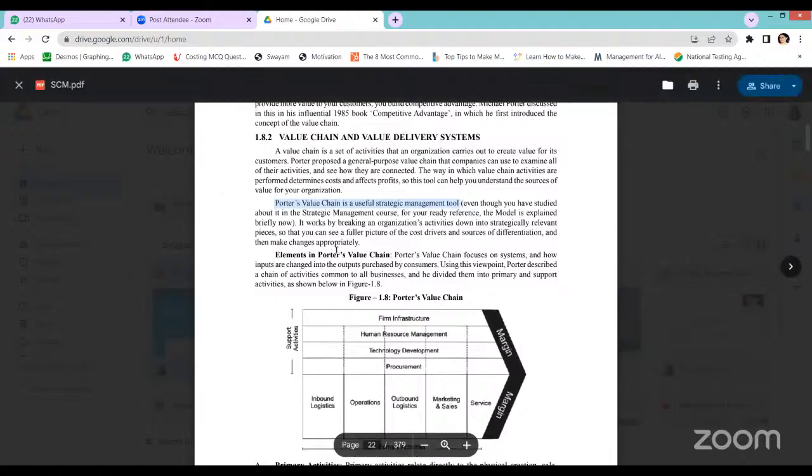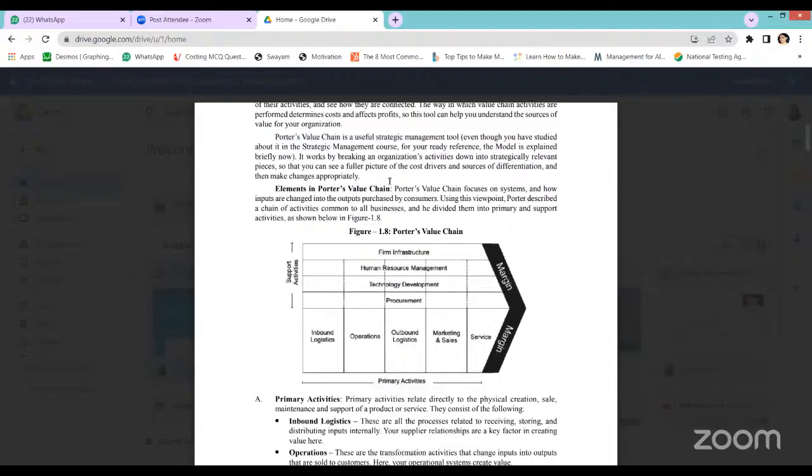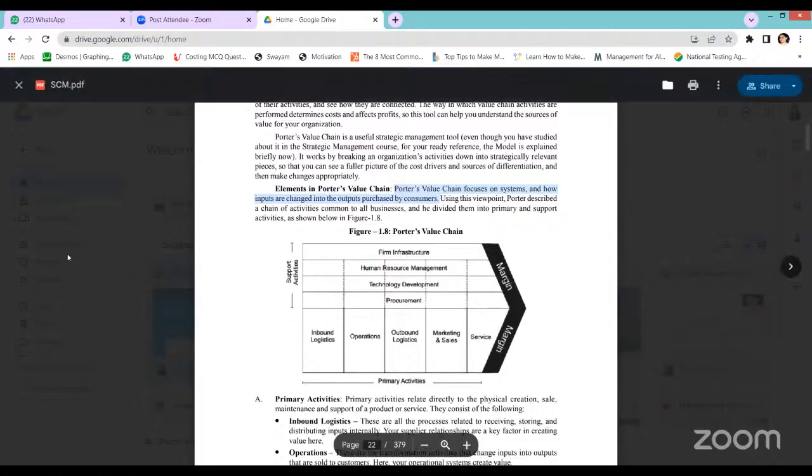The elements of Porter's value chain are an important topic. Porter's value chain focuses on the system: how inputs are changed into outputs purchased by the consumer.